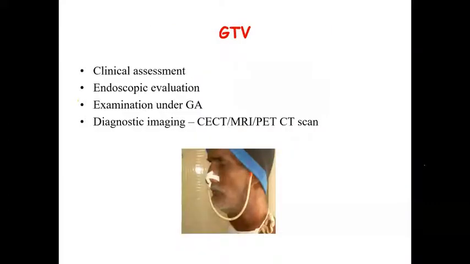Like in any other site, the gross tumor volume, or GTV, needs to be mapped out for starters, and that you do by gathering clinical information. You take into account the information that you get from endoscopic evaluation and diagnostic imaging, be it CT scan, MRI, or PET scan.